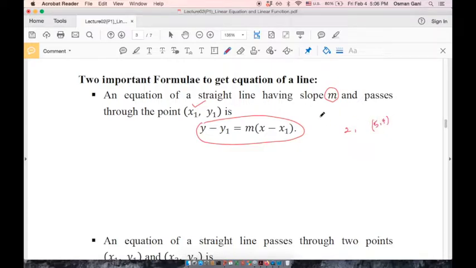It will be y minus y1, and y1 means 7, equal to m into x minus x1, meaning 5. So this implies y equal to 2x minus 10 plus 7. This implies y equal to 2x minus 3. So this equation is the required equation having slope 2 or gradient 2 and passing through 5, 7.